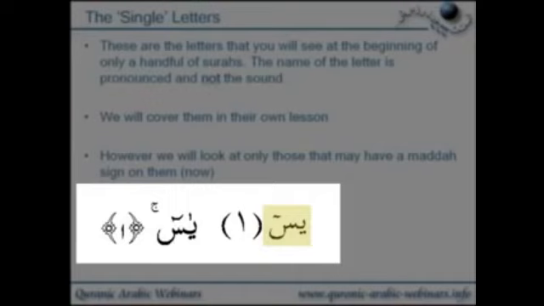And the second one is the Sin with madda, so that's going to be 6 long. So when you hear it recited, they'll go Yasin. Okay, the second example there is the Majidi script, so they've put the dagger alif in there because again in Majidi they try to help you along a bit, that's indicating 2 long, and they've got the madda on the Sin, so that's still 6 long.